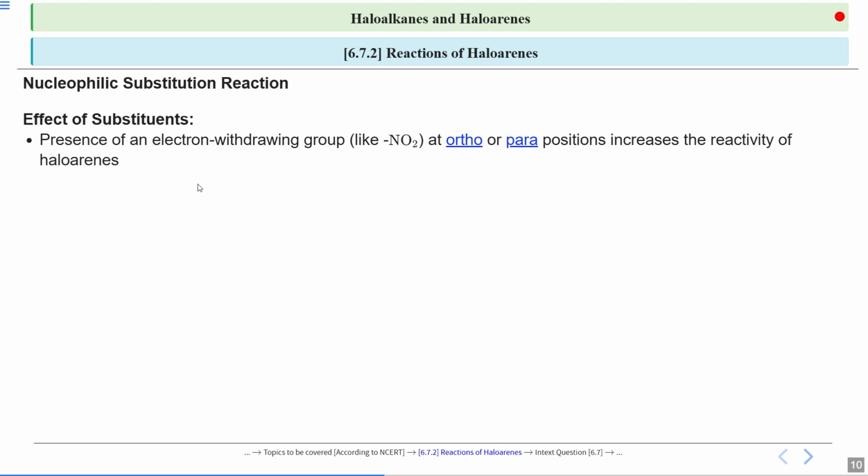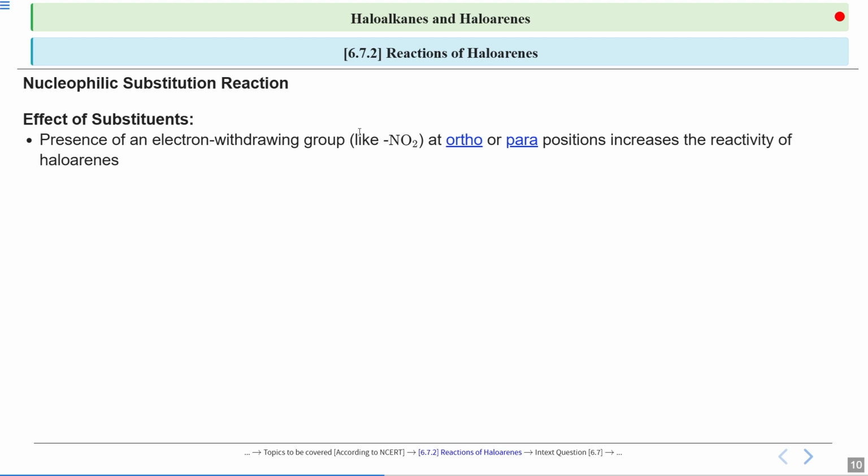If there is any electron withdrawing group present at ortho and para position specifically, this will increase the reactivity of haloarenes. Here we are taking the example of an electron withdrawing group like NO2. So if a nitro group is present specifically at ortho and para position in the benzene ring, this will increase the reactivity of haloarenes.